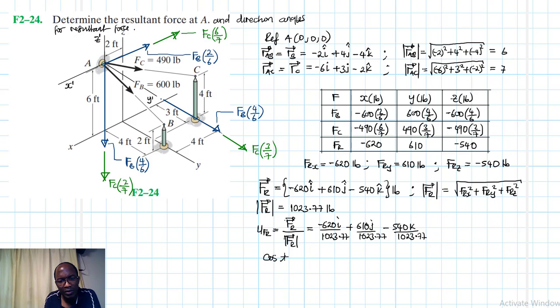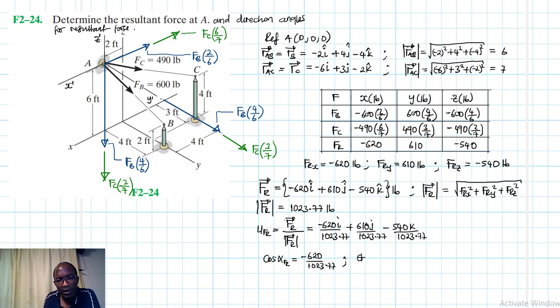Then we know that cos alpha for the resultant is just equal to minus 620 divided by 1023.77.